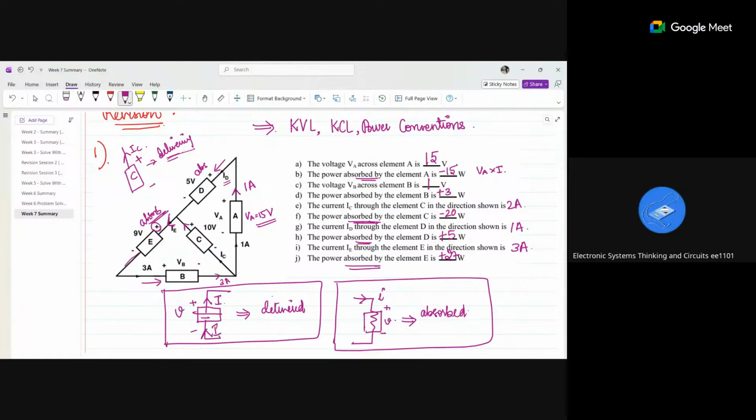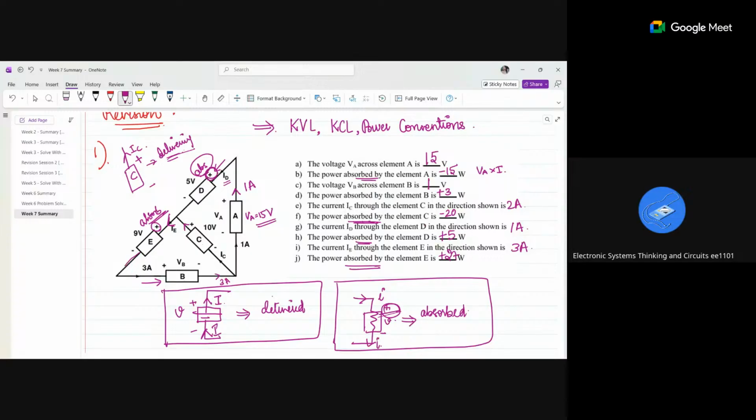Here it is entering the positive terminal, and the same current is leaving the negative terminal. So take the plus as reference. If the current is leaving from the plus terminal, then it is delivered. If the current is entering the positive terminal, it is absorbed. Whenever you write, take the positive terminal and see whether the current is entering or leaving. If it is entering, write absorbed. If in the question they have asked absorbed, both are absorbed, then it is positive. If it is contradicting, then it is negative. Is it fine?